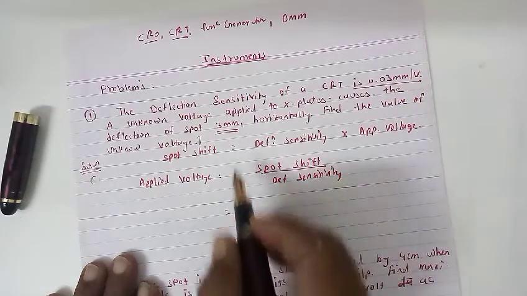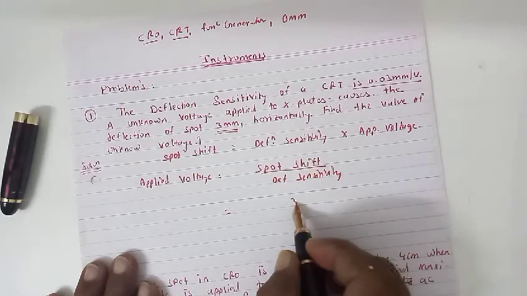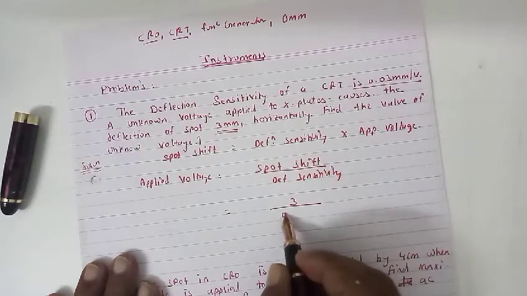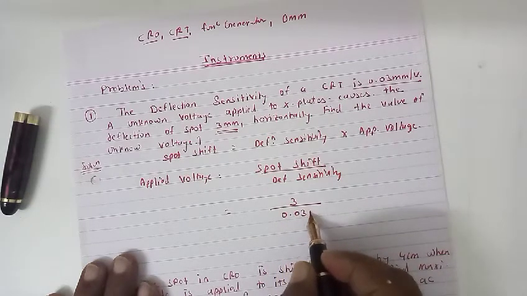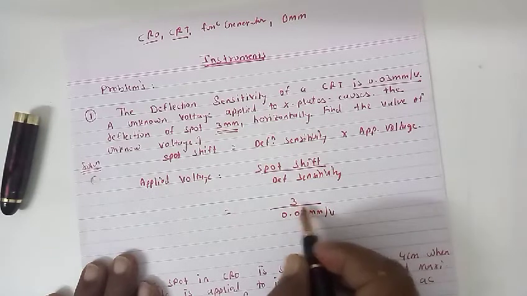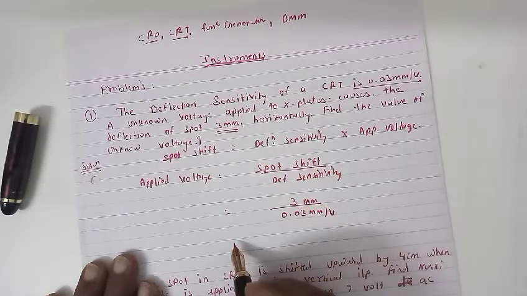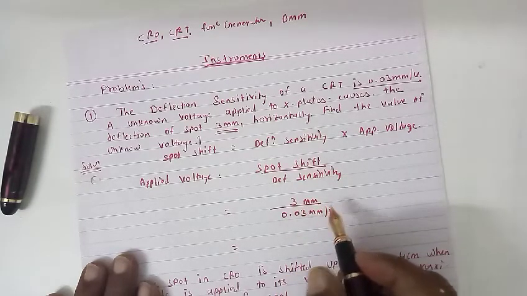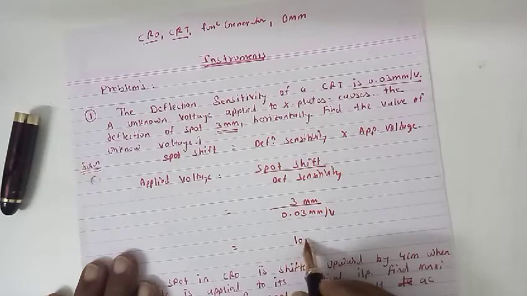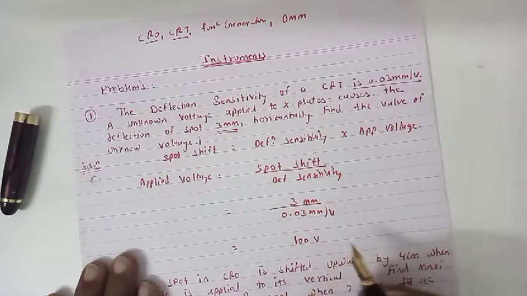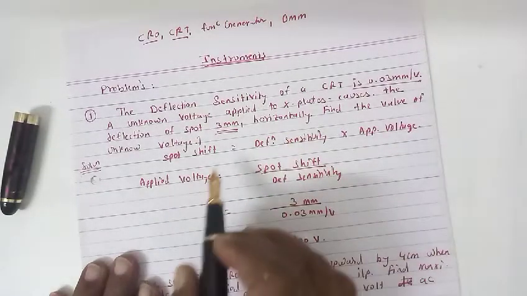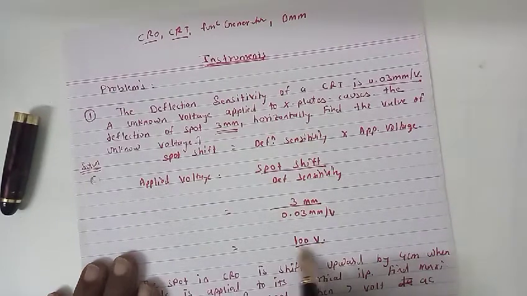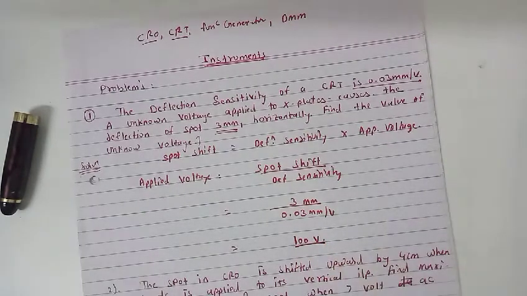So we write 3 divided by 0.03, and if you divide this you will get the value 100 volt. So the value of the unknown voltage, meaning the applied voltage, is 100 volt. Okay, this was the first problem.